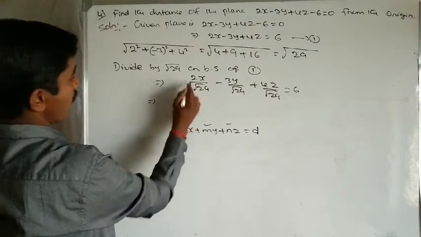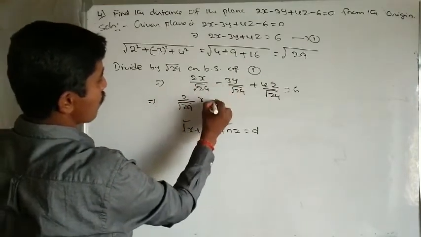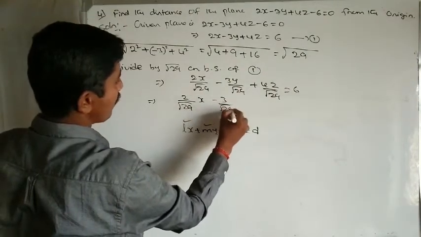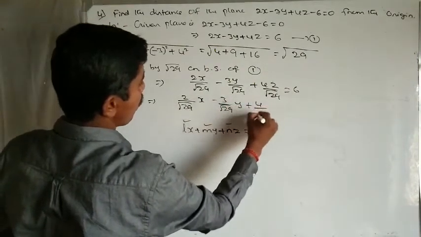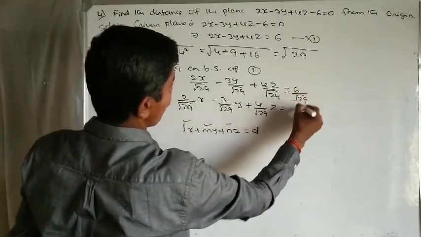Here the x coefficient is 2 by root 29, the y coefficient is minus 3 by root 29, and the z coefficient is 4 by root 29, and the right side is 6 by root 29.